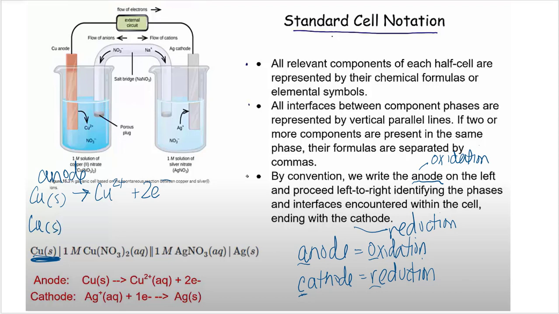And then there's the interface, right? Because we have our solid copper, and then this is the interface, that barrier. And we said it was going into solution. We know that Cu2+, this ion, is an aqueous ion, and our solution is that 1 molar copper nitrate. And then there's this double parallel line that represents our salt bridge.